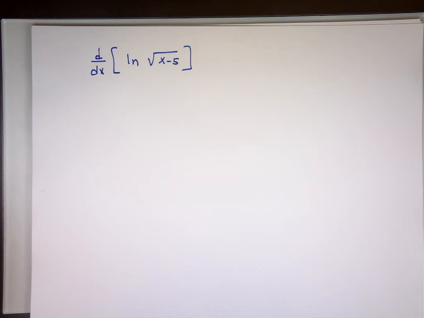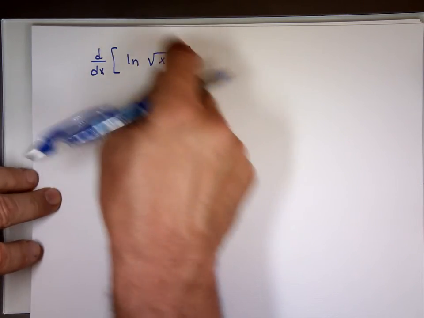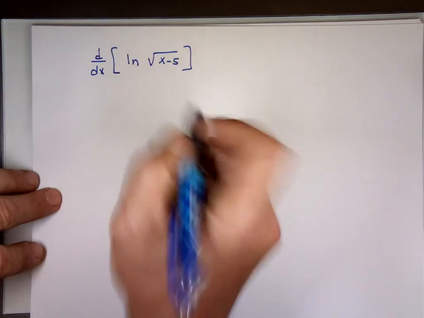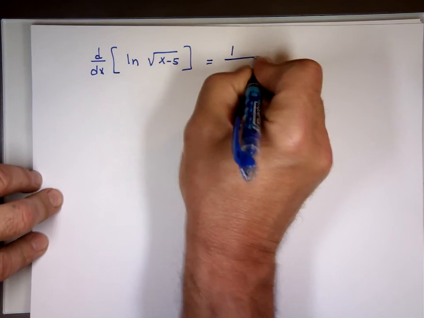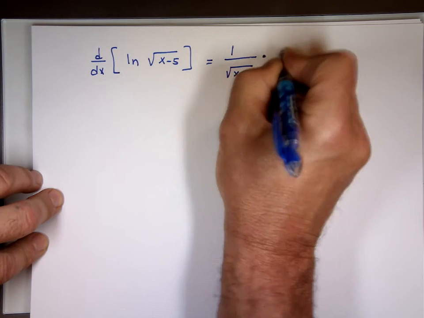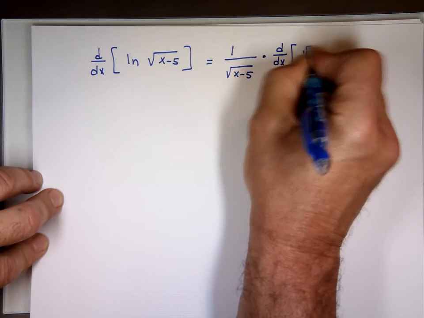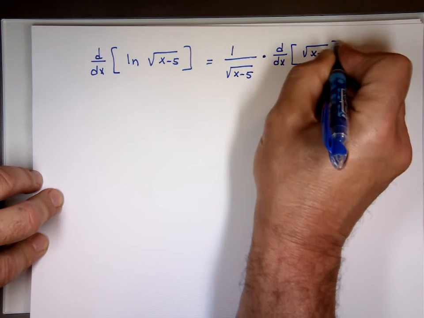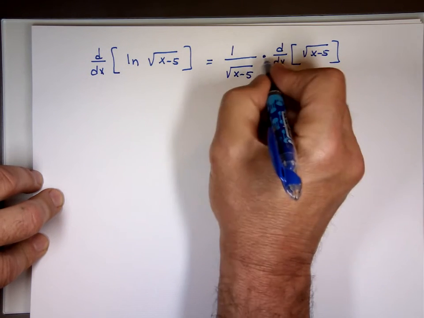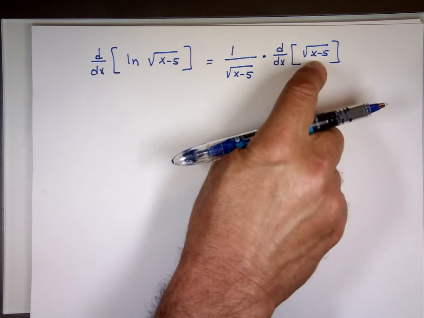When you look at that, this is u, right? So you can go 1 over the square root of x minus 5 times the derivative of the square root of x minus 5. It's 1 over u times u prime, the derivative. And now I'm just going to take the derivative of that. Once I take the derivative of this, I'm in good shape.